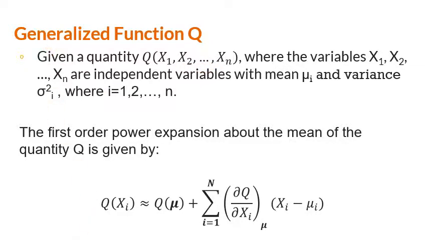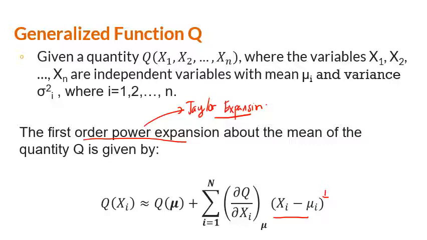So we perform first order power expansion. This is yung standard na Taylor expansion ninyo. So I hope na naaalala pa yung Taylor expansion. Since this is first order, yung exponent natin dito, x sub i minus mu sub i, yung power nitong term na ito ay to the first power since first order power expansion lang ginawa natin.